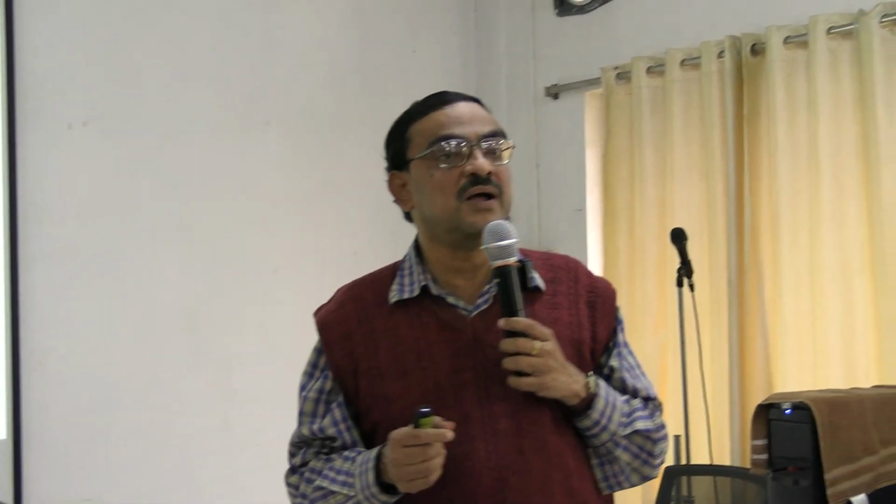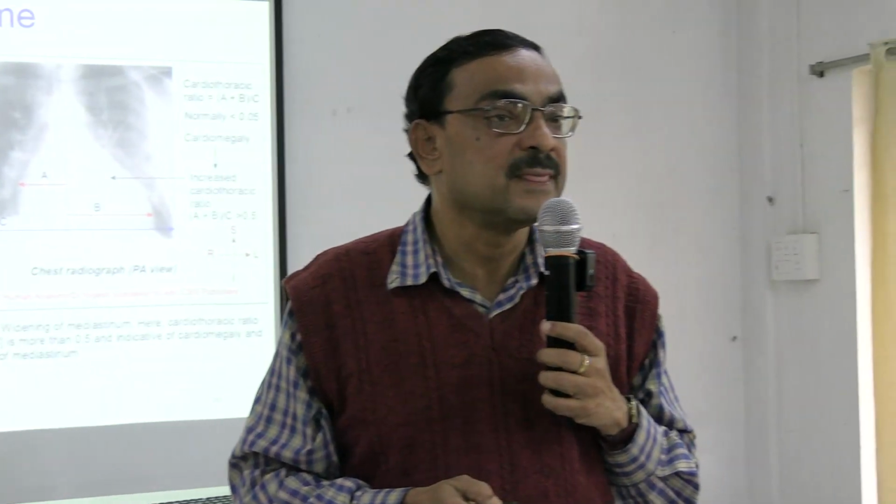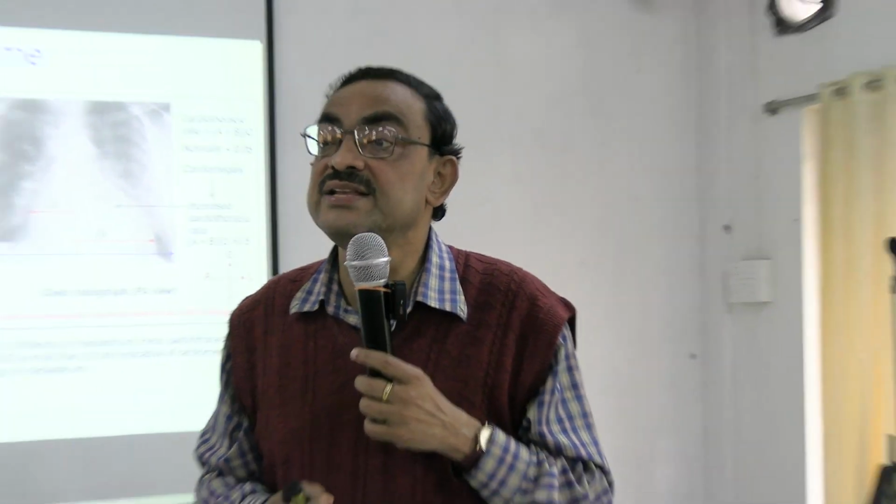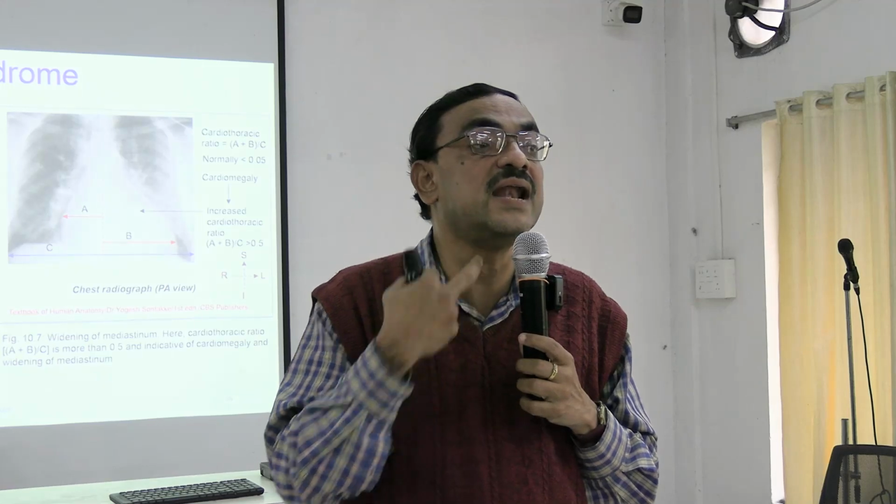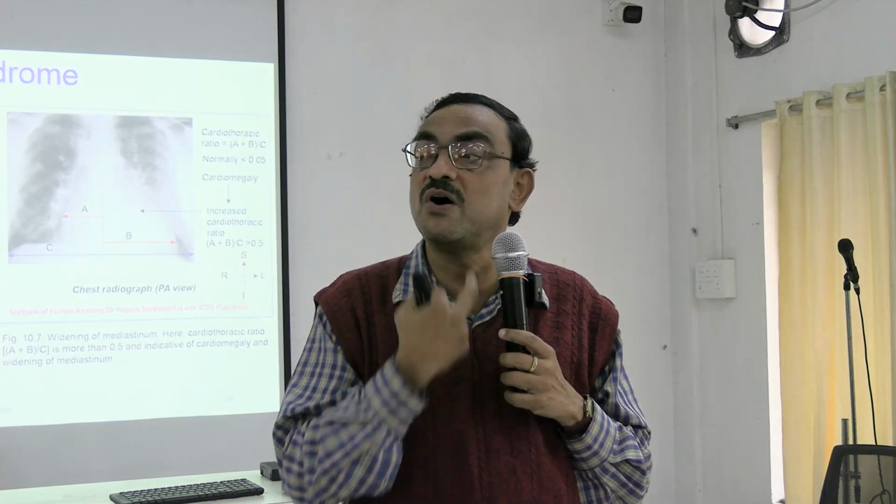If there is any tumor or growth within the mediastinum, what will happen? It will press the trachea or the esophagus, or it can press the veins, it can press the arteries. And in between the trachea and esophagus there is one nerve I will show you today, the recurrent laryngeal nerve, which supplies the larynx, that is the voice box.